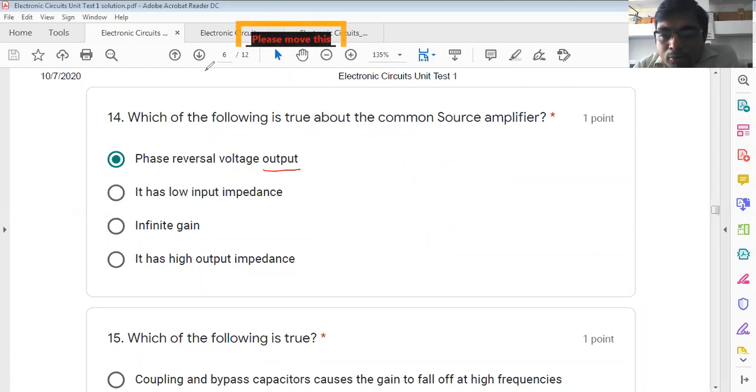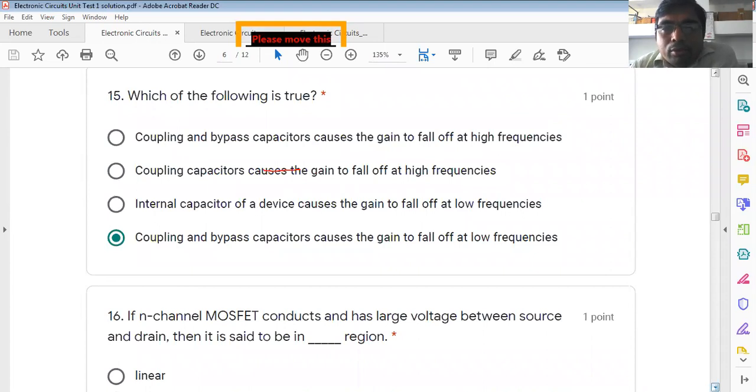Okay, now come to question number 15. This is the last question of unit number 1. Which of the following is true? This is asked basically from the frequency response.